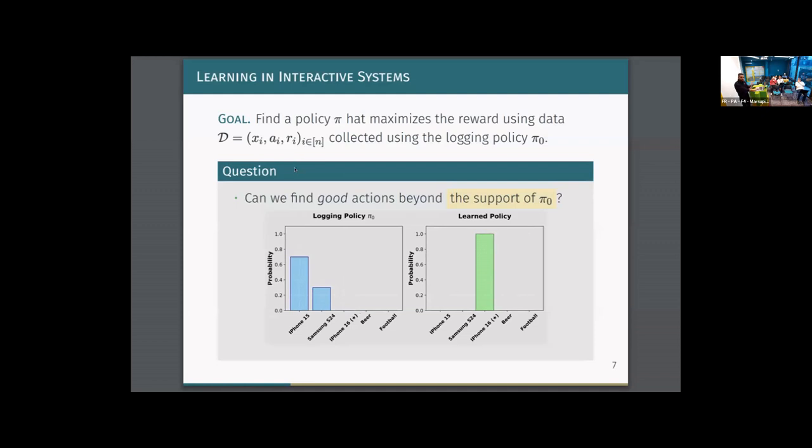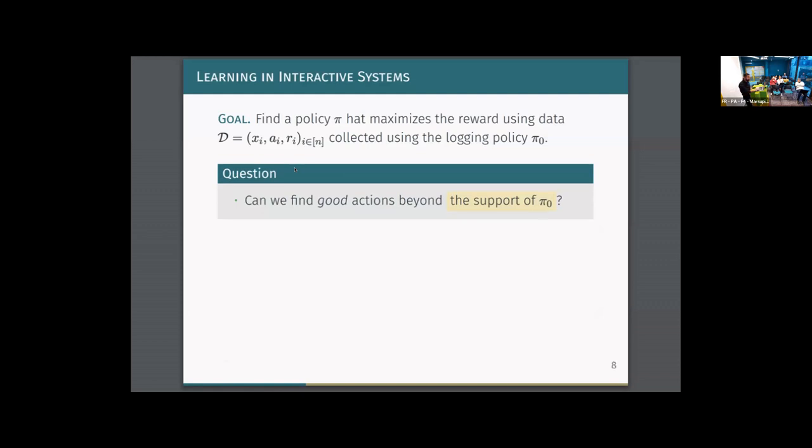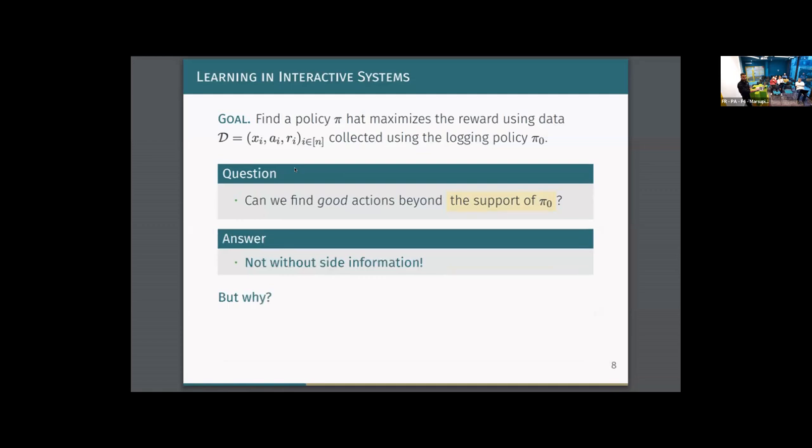So the question is, can we find good actions beyond the support of the current recommender system? And the answer is no. If we just try to learn without any side information, we can prove theoretically that it's impossible.